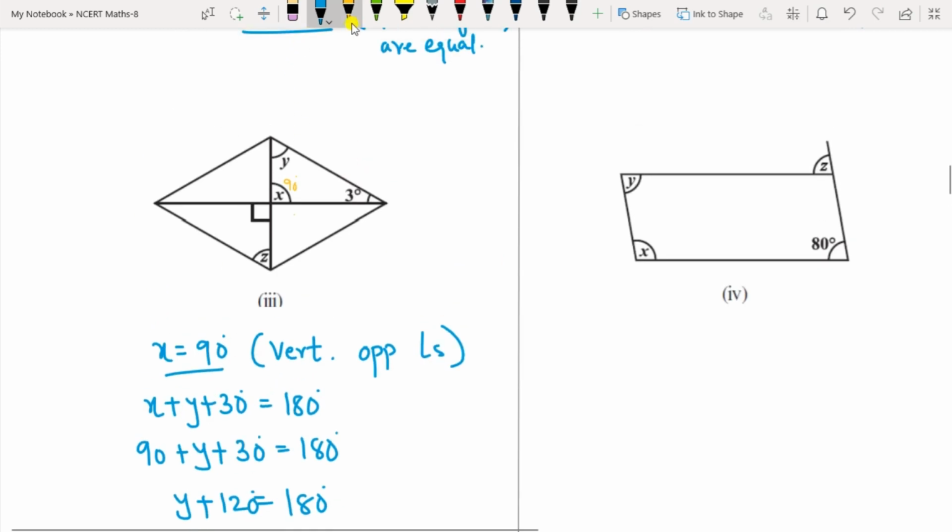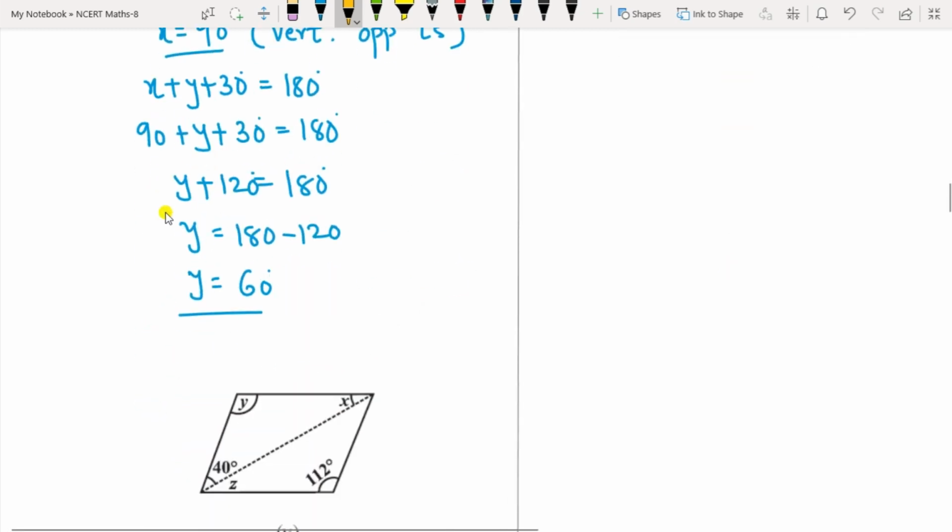Now y we got as 60. Now you can see this is a rhombus. So this side is parallel to this side. So it is becoming a Z here like this. So y and this z are like interior alternate angles. You can see above, I have explained what interior alternate angles are.